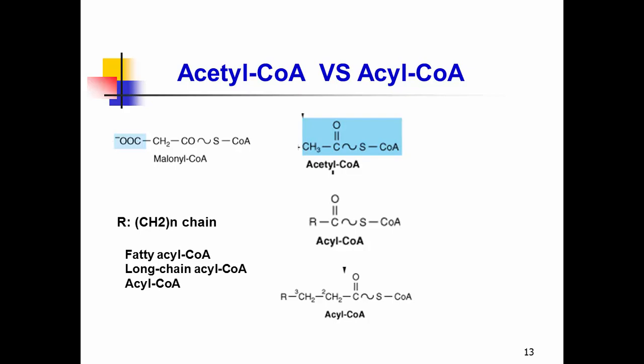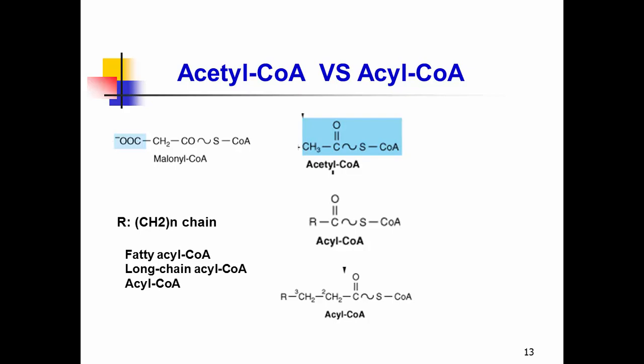Before I talk about the details, I wanted to clarify two different molecules that we will talk about a lot later: acetyl-CoA versus acyl-CoA. Acetyl-CoA is a two-carbon molecule, with only two carbons, just a methyl group attached to the CoA molecule. And with acyl-CoA, you see the R group attached to the CoA molecule.